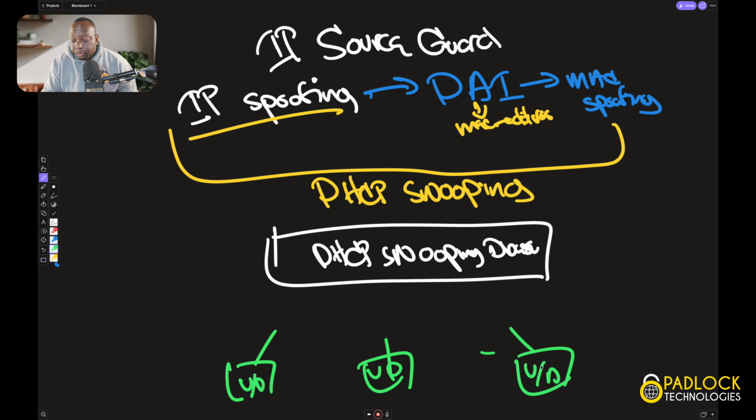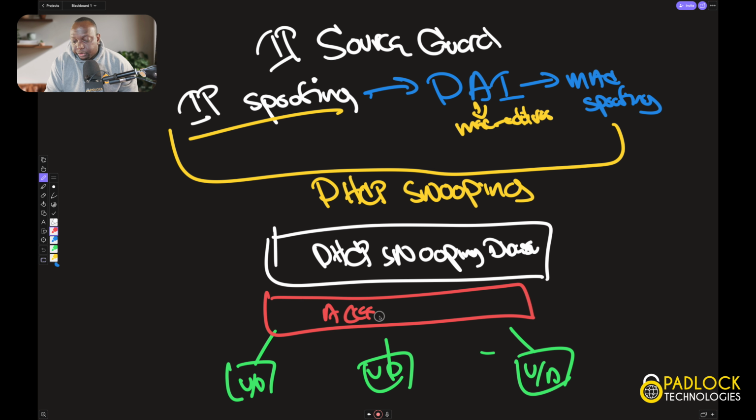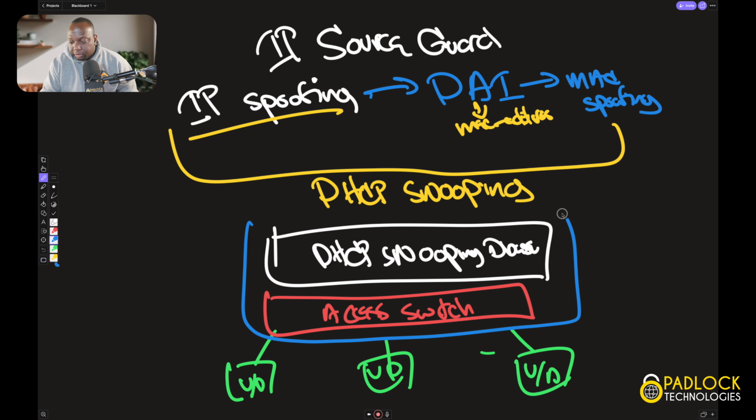Then we have the access switch here, which has the function of the DHCP snooping database in it. We're just going to have that as one switch. And we'll have shared services off to the side here. Let's just say DHCP servers over here.